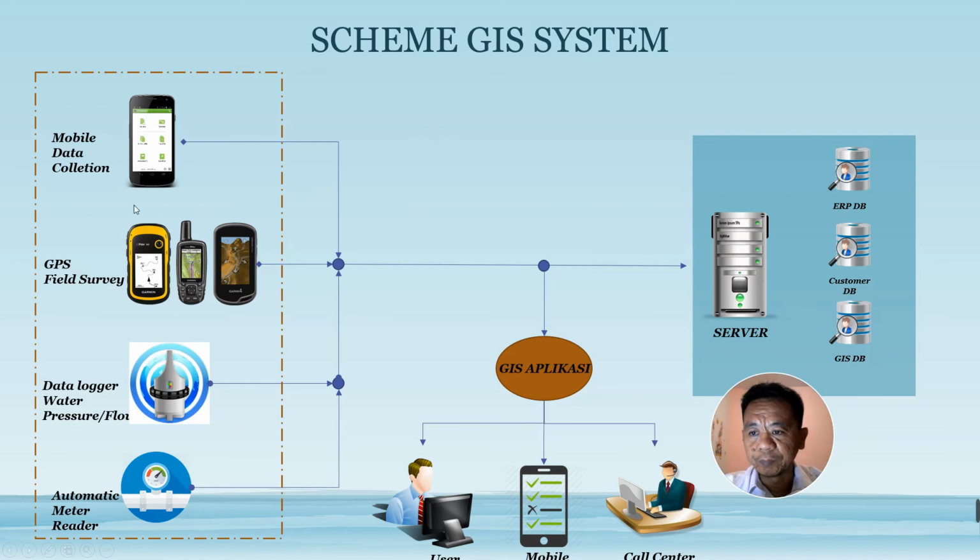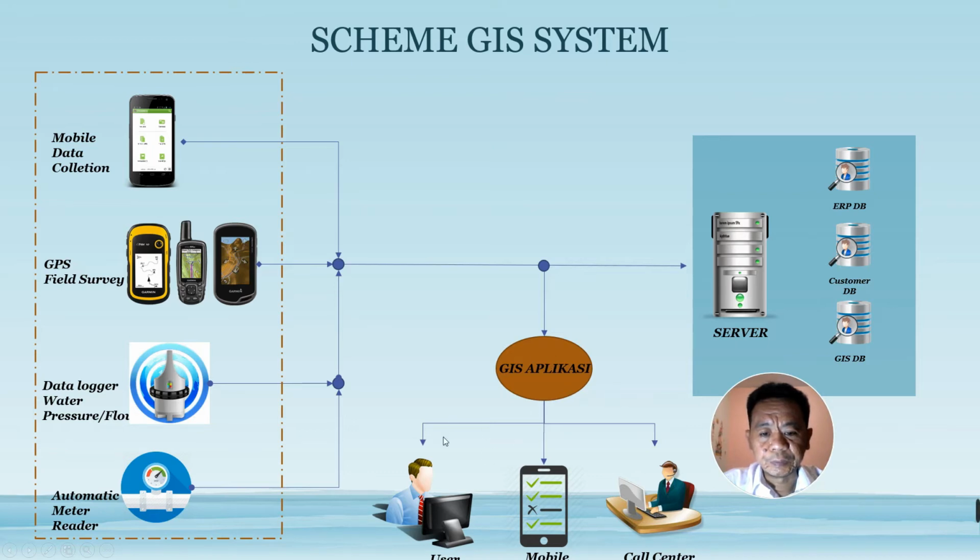For data mobilization in the field, this is data collecting: what information is collected for GIS field services, and we can also use a data logger for a water pressure map. So we can analyze the pressure because of the leakage, and then we process here.